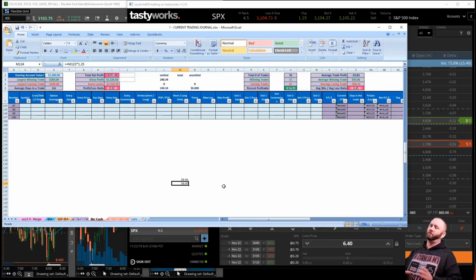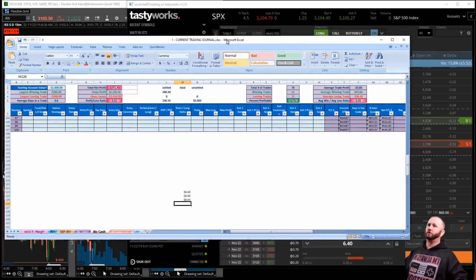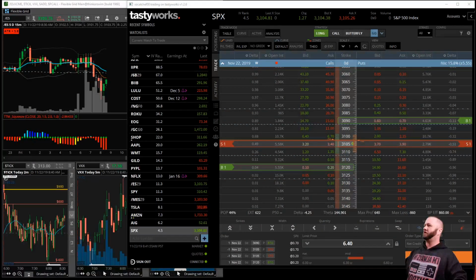I now need to watch it because I don't want to lose too much more. Then, if the iron fly hits 35%, I'm looking to get out because I don't want to lose too much more. Okay, so that's what I do, but that's only for the iron fly. The Iron Condor is typically only 1 or 2 contracts, and I'm okay with those max losses because they're not as big.